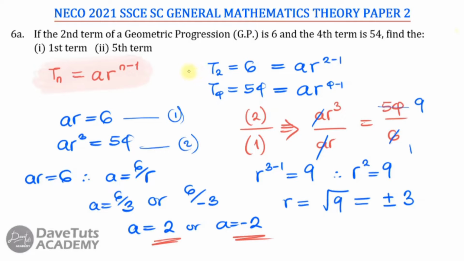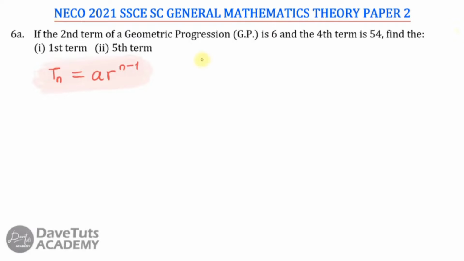Then for us to get the fifth term, let me just clear some section of this board. We can see that we have two sets of data values. In the first case, we have A is equal to 2 and r is 3. In the second case, we have A to be minus 2 and r is minus 3.